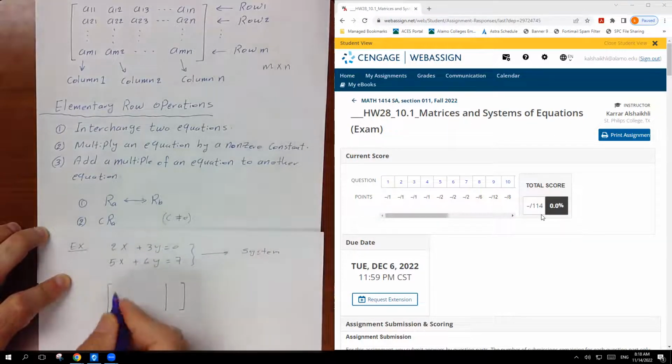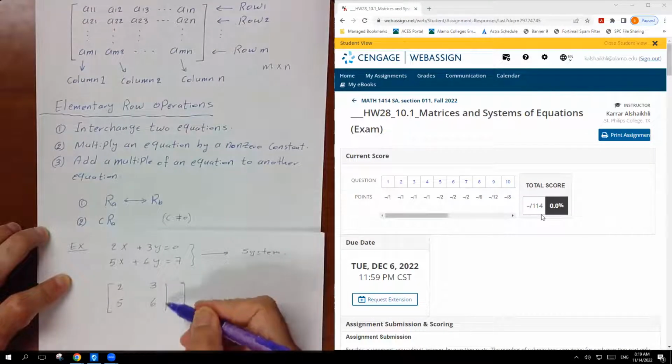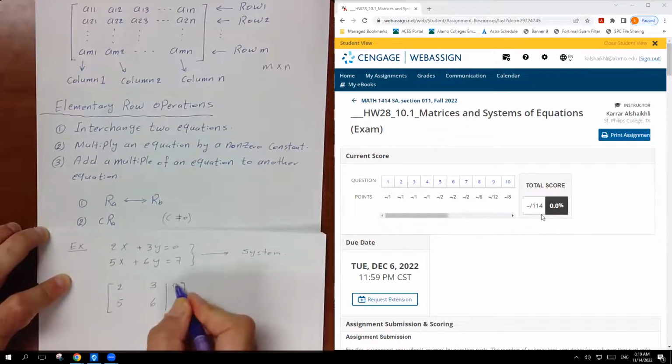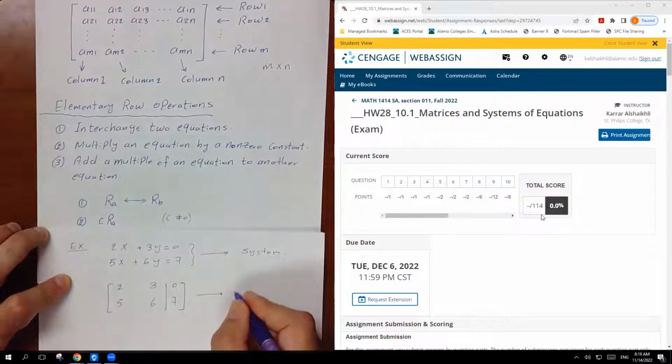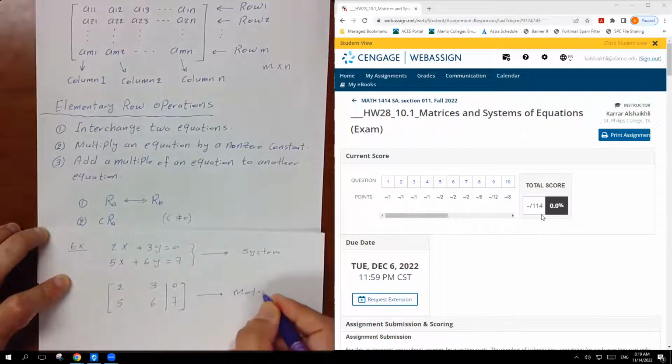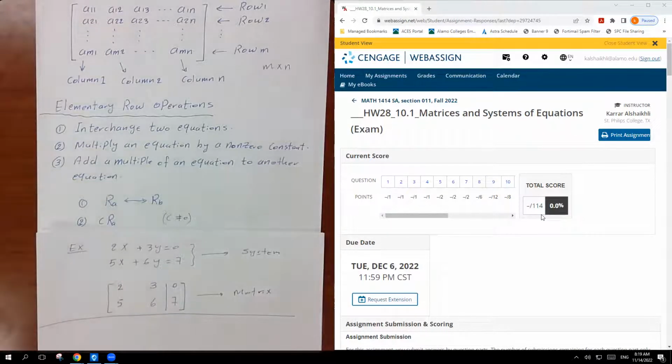I'm going to write down the coefficients: 2 and 5, then 3 and 6. This is like the equal sign. Now it's 0 here, and here is 7. So this is the augmented matrix. That's how to convert the system to an augmented matrix.